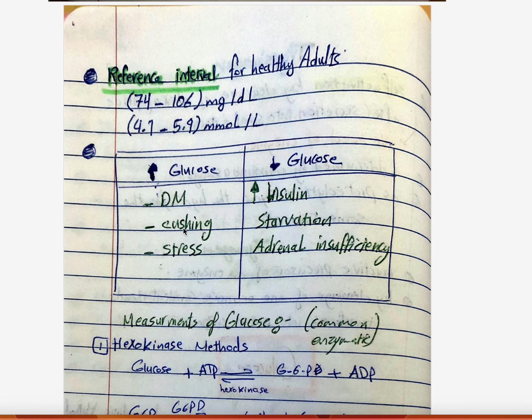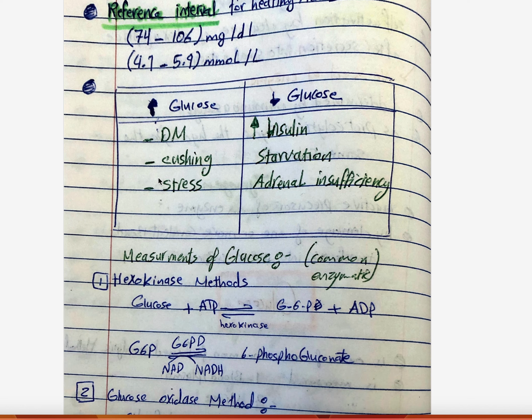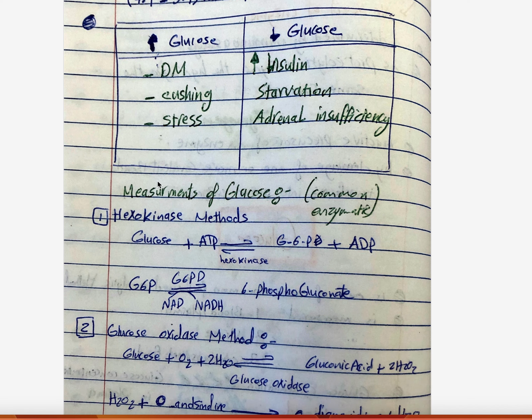And then we discussed what increases the glucose level, like diabetes, and Cushing's because of increased cortisol. Stress also increases cortisol, so all of them increase the glucose. Insulin is an anabolic hormone, but it decreases the glucose level. Starvation decreases the glucose level. Adrenal insufficiency also decreases the glucose level.